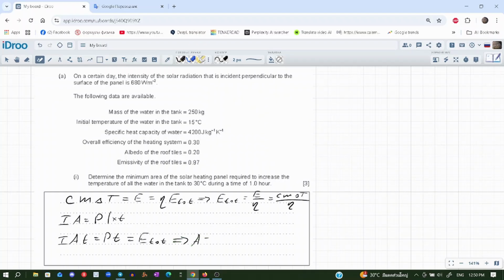So area from here equals E total divided by intensity times time. Yeah, and we can substitute E total from here, and what we will get? We will get Cm delta T over efficiency, intensity, and time, which is 1 hour. If we calculate, we will get about 21.4 meters squared.